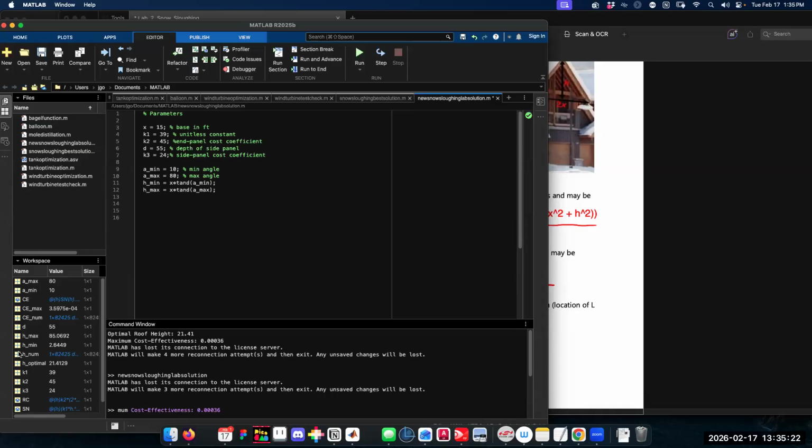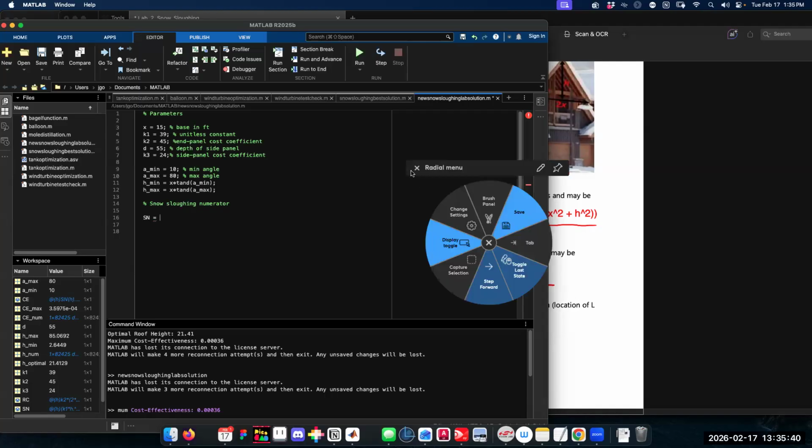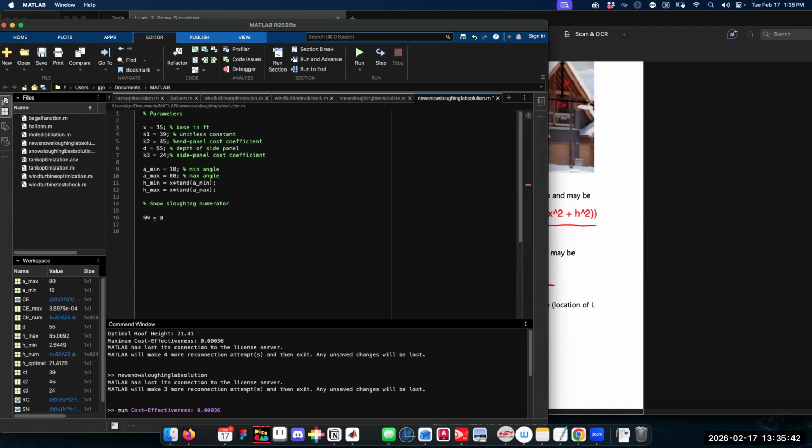And then now we can make the snow sloughing numerator. That would be Sn equals, and since it's a function, it has inputs, and the main thing that we're varying is the h, so we'll need to do the at h. It's the shorter notation of a function. Then in parentheses, or you can avoid the parentheses too if you want. We need to start writing the function.